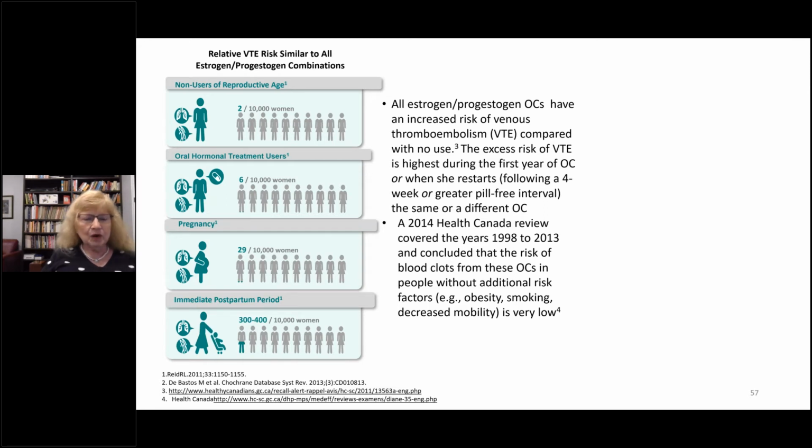But immediately postpartum, the risk increases to 300 to 400 per 10,000. So just to put it into perspective, because these oral contraceptives are extremely efficacious as far as preventing unwanted pregnancies, if somebody should get pregnant, then they have a higher risk of having a VTE.